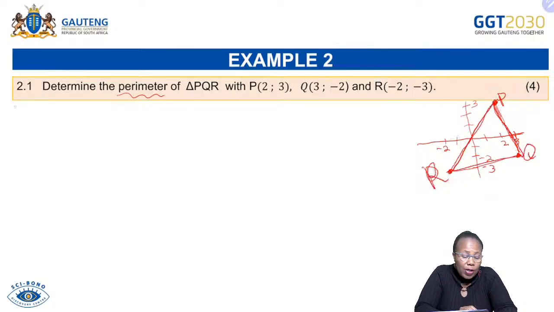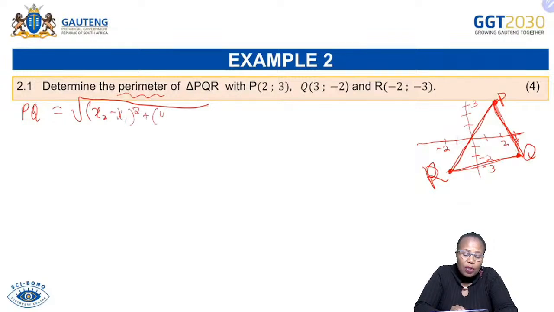So we are going to look at the distance PQ, which will be the square root of (x2 minus x1) squared plus (y2 minus y1) squared. That is the distance formula throughout. For PQ, we are depending on P and Q, and this will be our x1 and y1, x2 and y2.